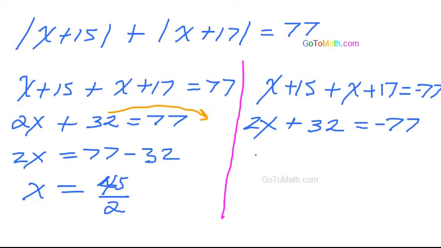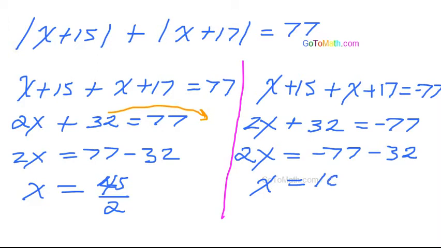Take that 32 over to the right hand side makes that minus 32, right? And then we're going to take that 2 diagonally down. So we got 77, 32 is 109 over 2, and whoa, I about made a mistake. That's negative 109, right? Yeah.